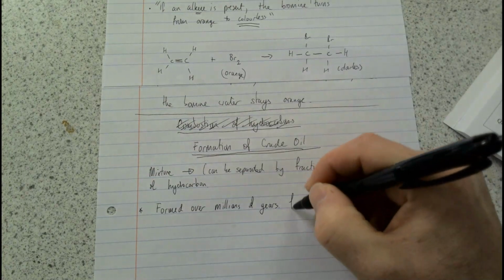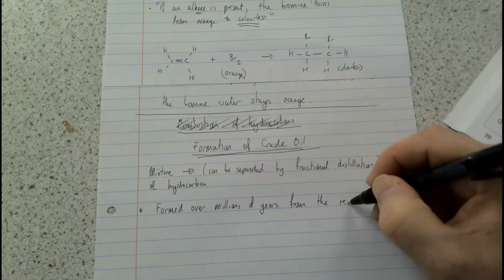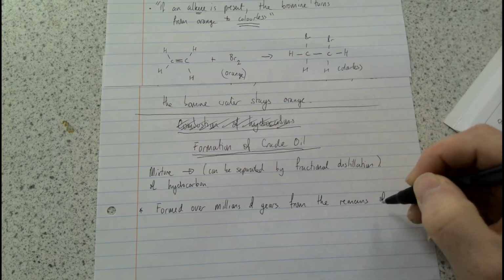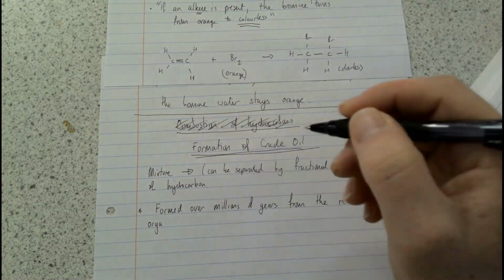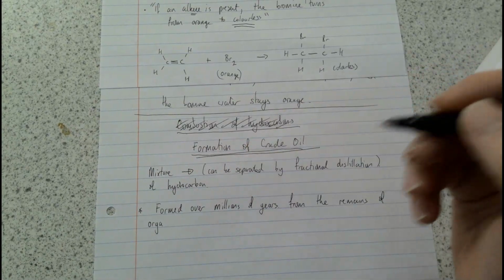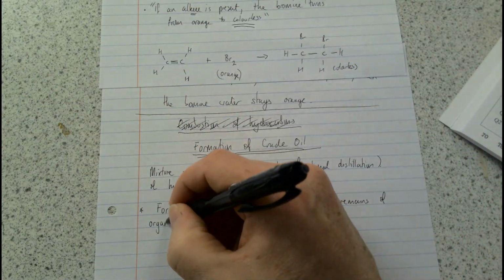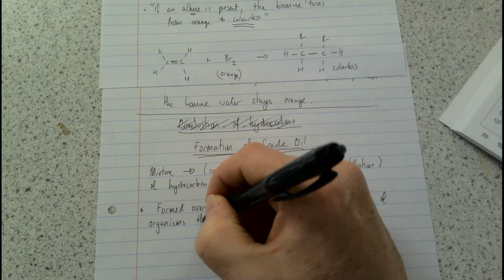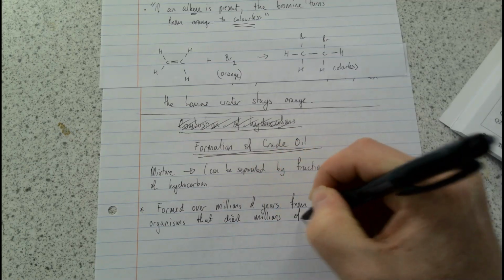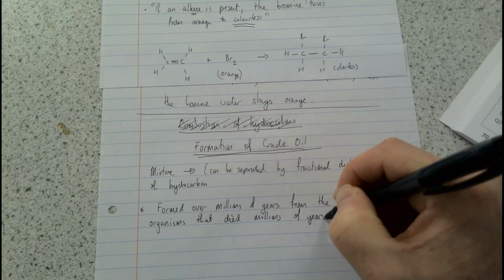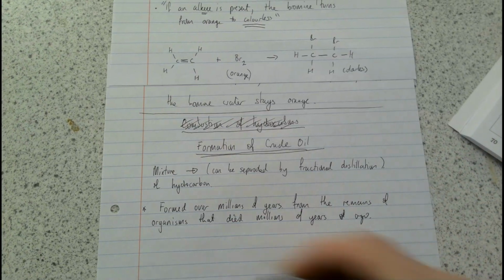From the remains of organisms that lived, and as you saw from the video there, this could be plants, it could be little creatures, those diatoms that you talked about, and the remains of organisms that died millions of years ago. That's the main point, I suppose.